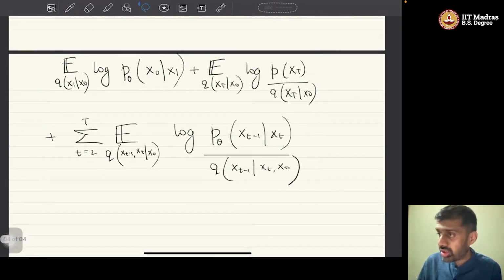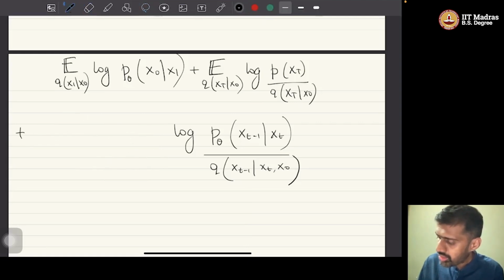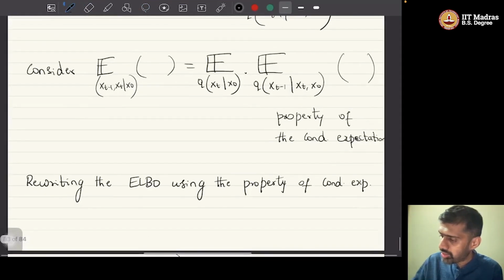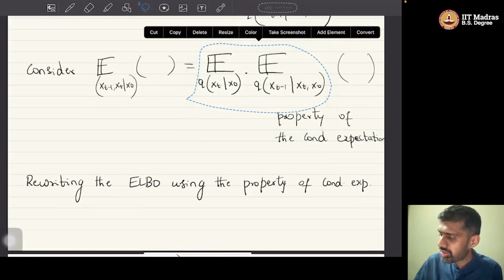Now the third term will be a product of two expectations. So we just use this property now, that whatever expectation we have, we'll write it as a product of these two expectations.